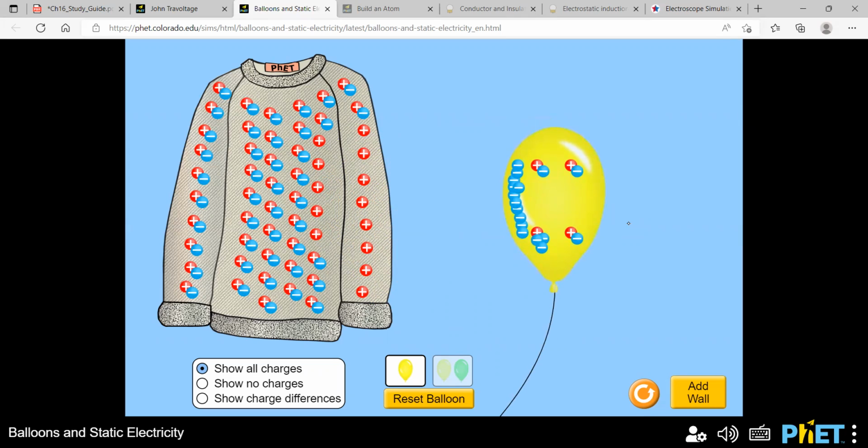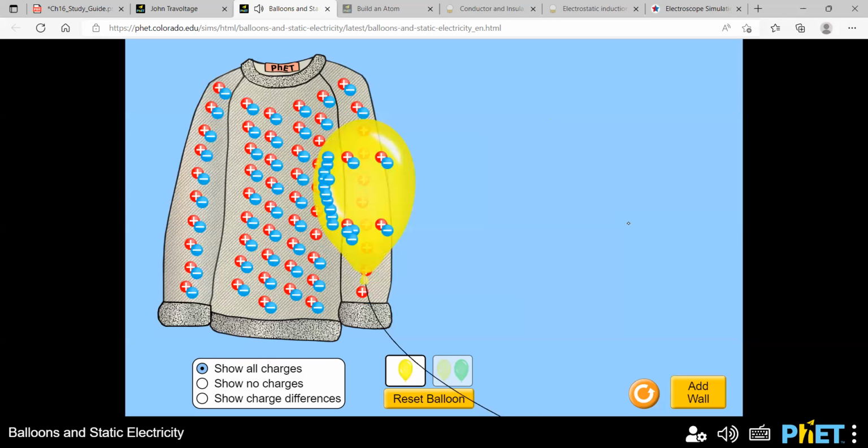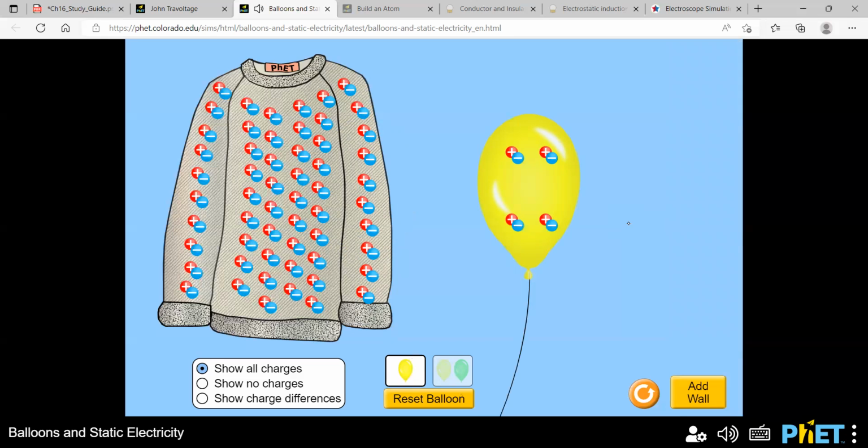If I release the balloon, because positive and negative attract each other, the balloon goes toward the positive charge. So now you know that opposite charges attract each other and like charges repel each other. A neutral object does not do anything. Here we have two neutral objects and nothing is going on.